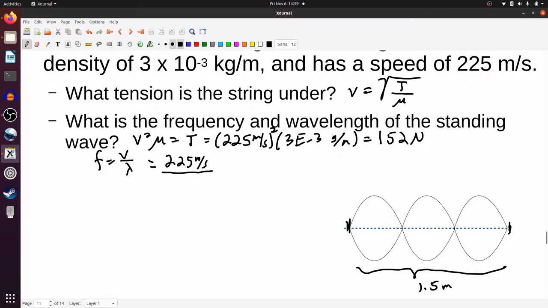Now, it starts here, circles up, comes down, comes back around here. So it does a complete cycle in 2/3, right? So all I have to do then is take 2/3 times the whole length of 1.5, and that gives me an actual wavelength of 1 meter.